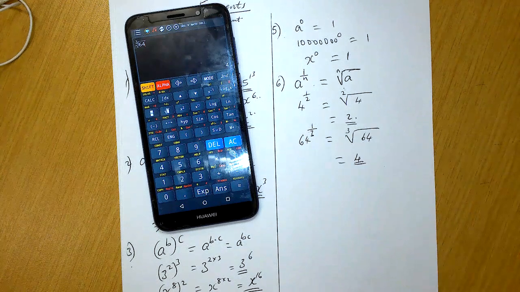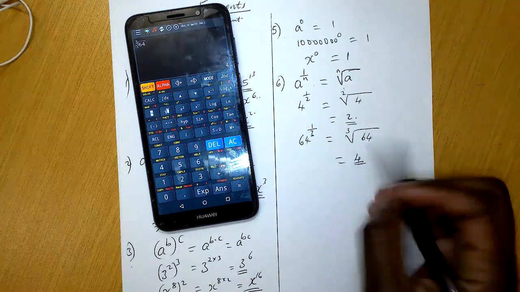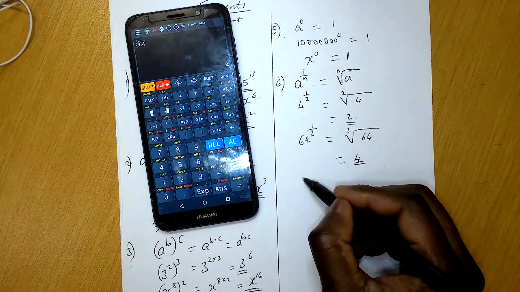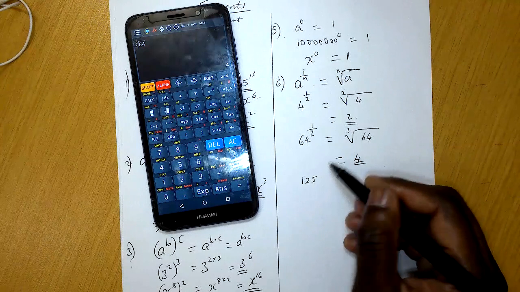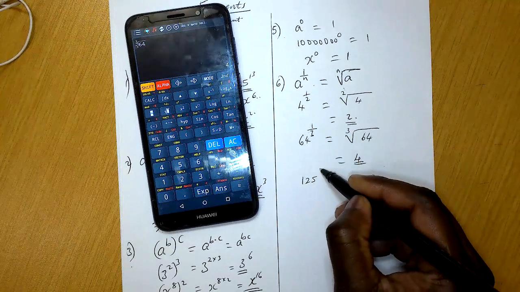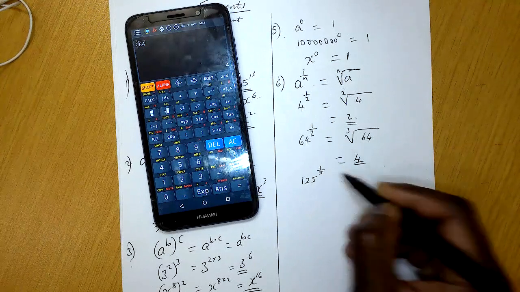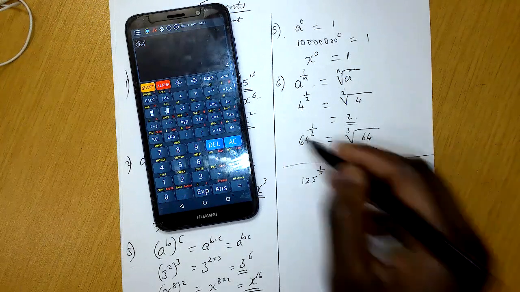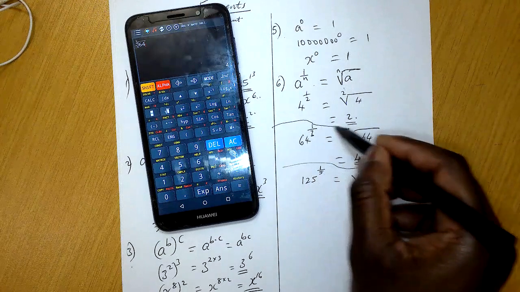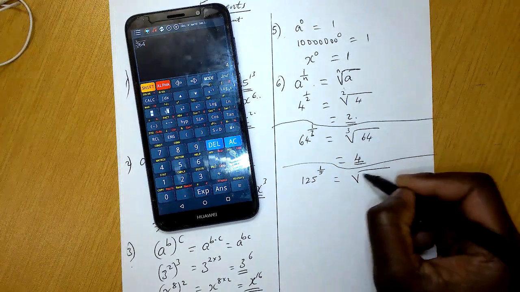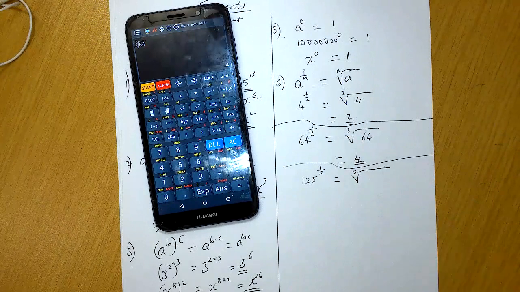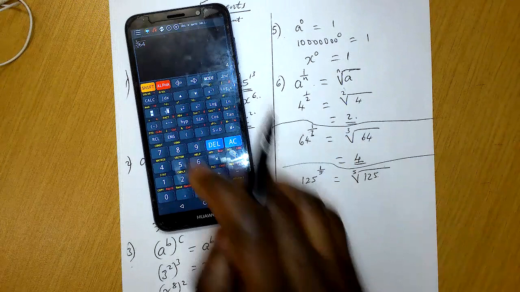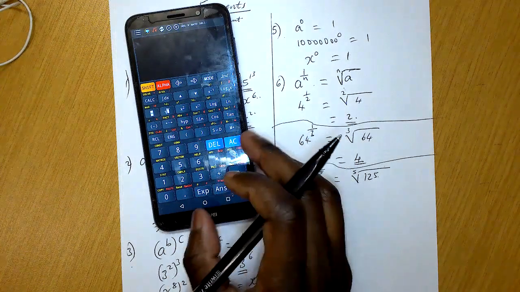Or you can have something like this. Maybe we are just saying 125 to the power of 1 over 5. This is the same as the fifth root of 125. See where I'm putting my 5 there. How do you write this in the calculator?